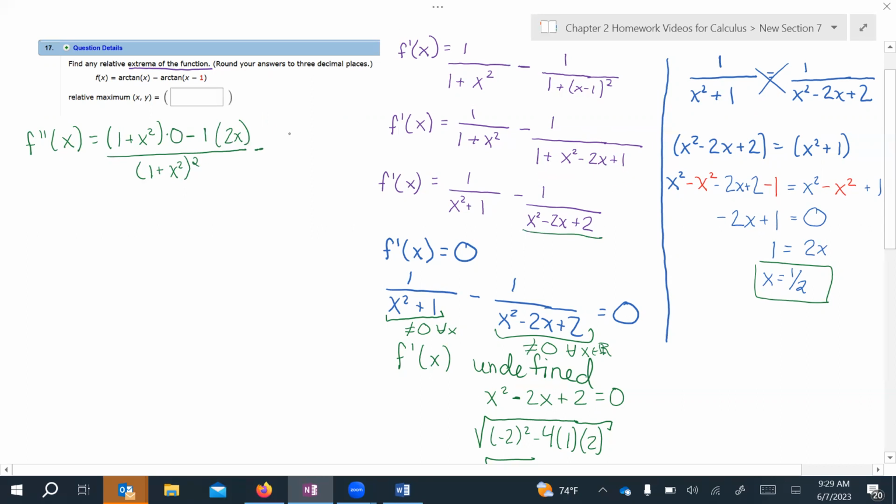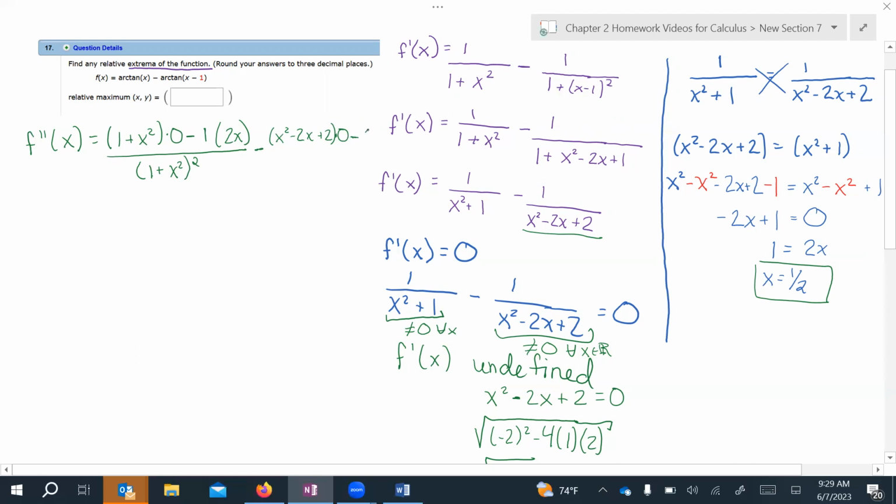But again, we have that x squared minus 2x plus 2, but then times 0, we know that's going to cancel out.